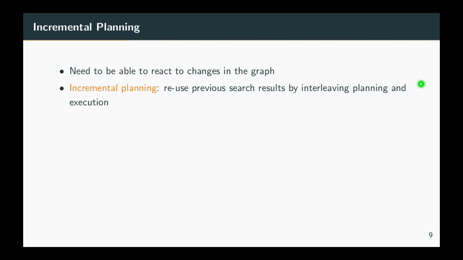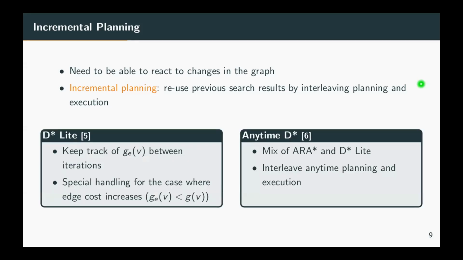So it is the reuse of the previous search result, and it typically only makes sense if you also put it in an execution framework, meaning you interleave planning and execution in some way. And so we don't really go into details in the lecture here because it's all still path planning, not so much on robot specifics. But I want to point out 2 state-of-the-art algorithms, and you will have the references in the slides.